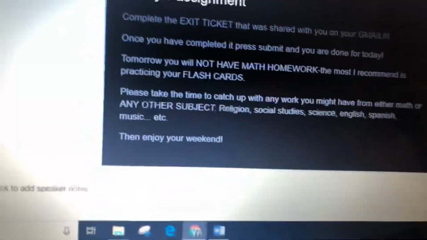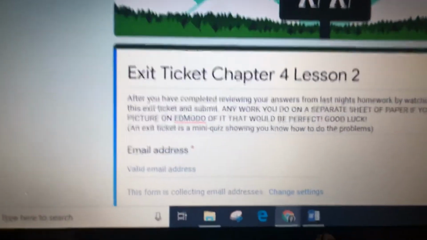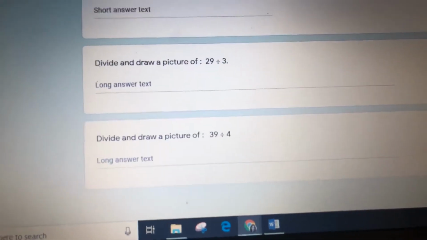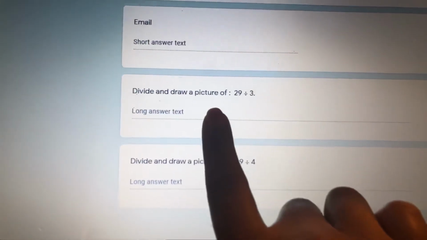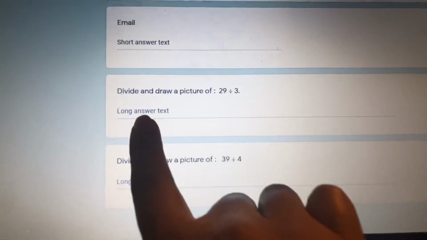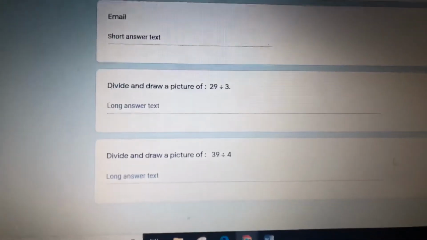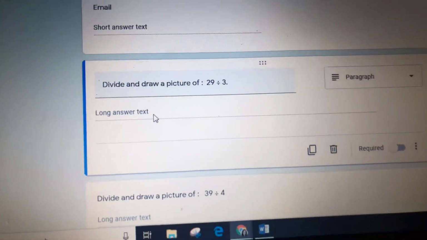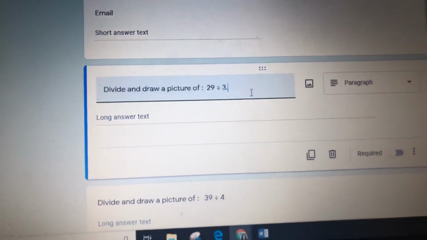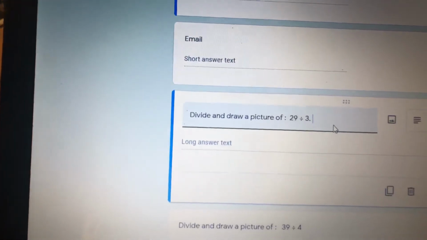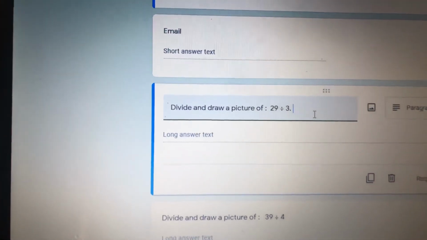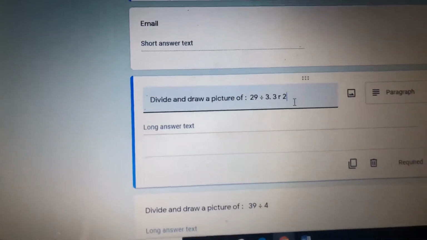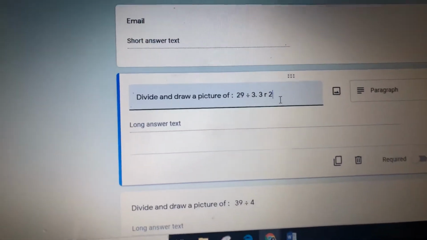Okay, so let's go into your exit ticket. This is what it looks like. Same thing, fill out the squares just like you did. However, on these ones where it says divide and draw a picture of, you're just going to show me your answer here. So it should be in the format of, if your answer is 3 remainder 2, just type the answer in for me.